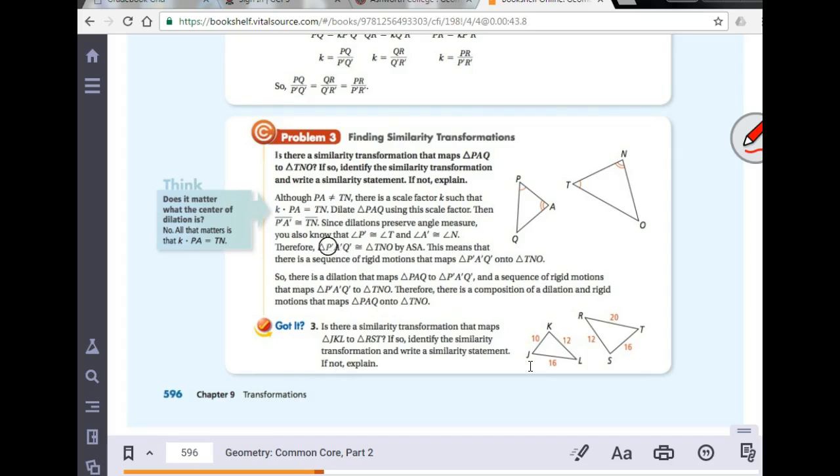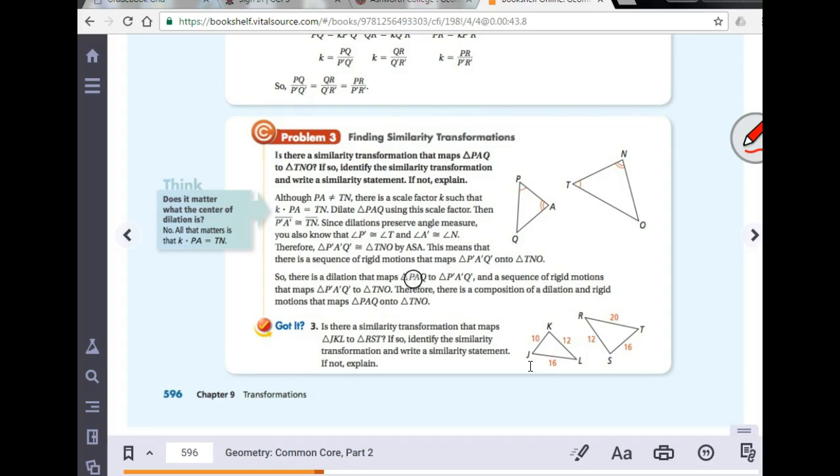That means if this got multiplied by whatever number made it big enough to be the same as TNO, then you would have angle side angle. So this means that there's a sequence of rigid motions that map triangle P prime A prime Q prime, which is just the enlargement of this one, to TNO, so that it would become literally that angle right there.